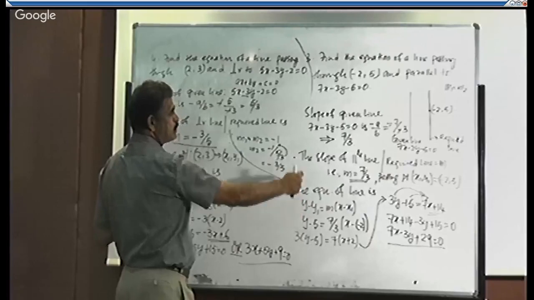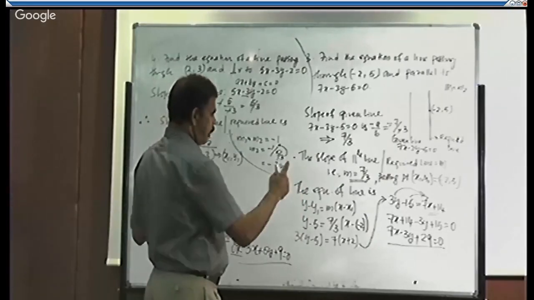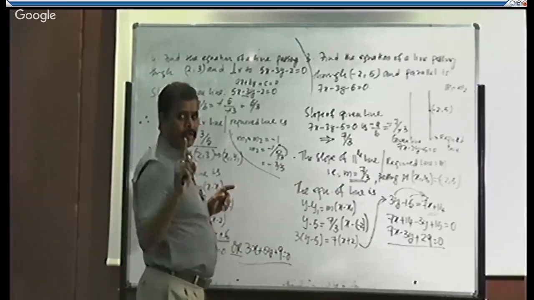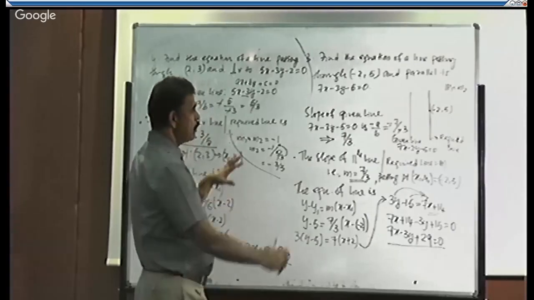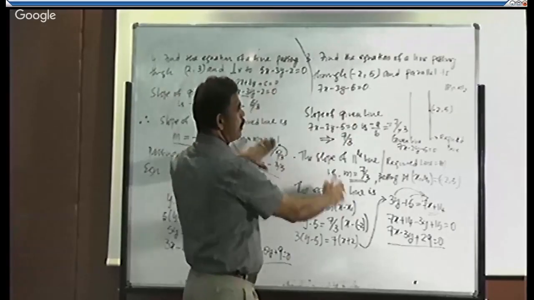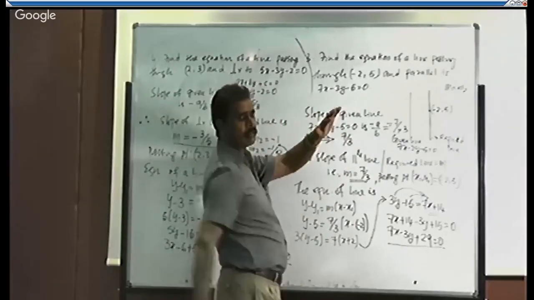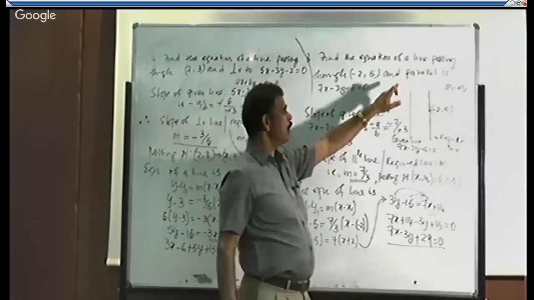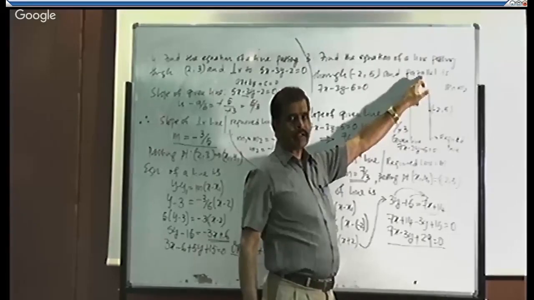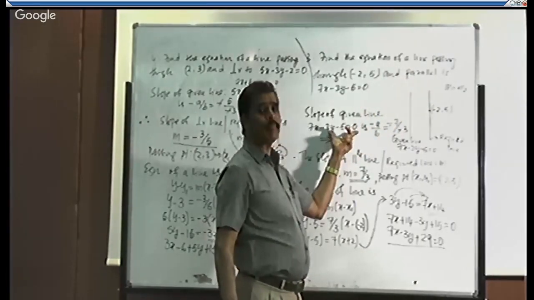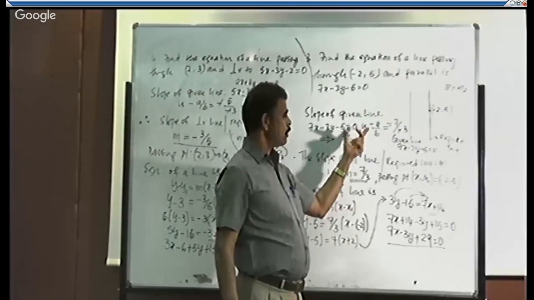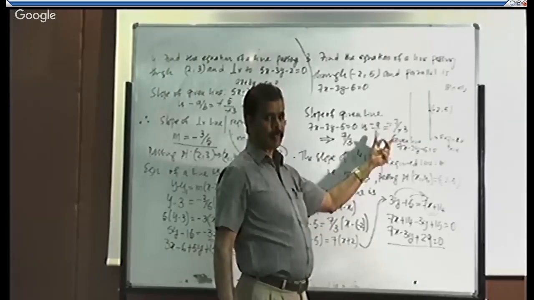Please observe the difference between these two. Definitely one question will come in the exam. The same procedure we need to follow. The only difference is in considering the slope for the parallel condition. Just calculate the slope using the formula minus a by b.